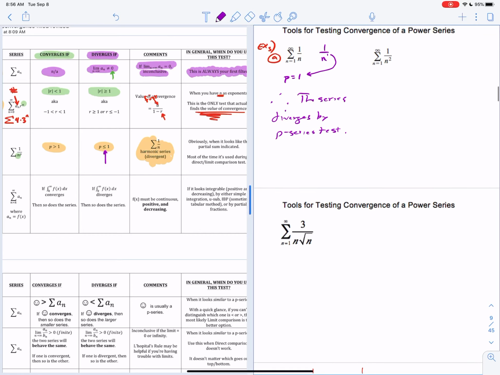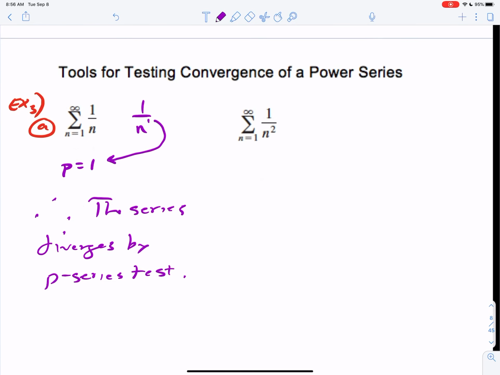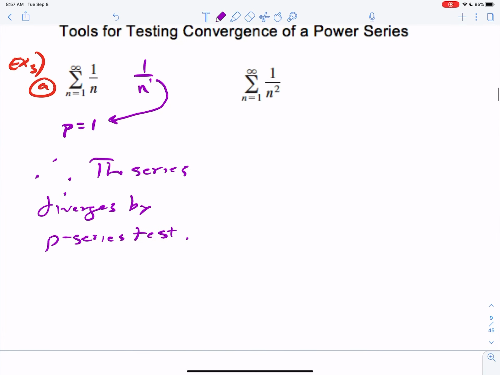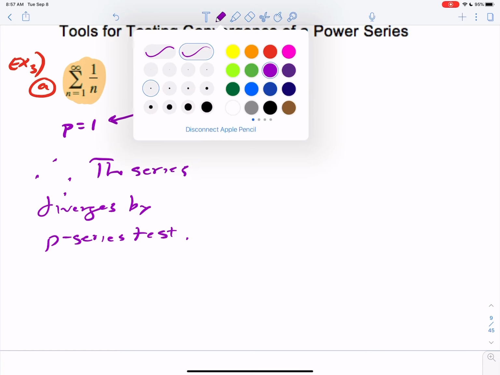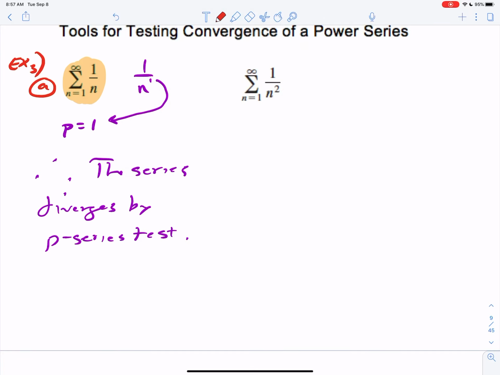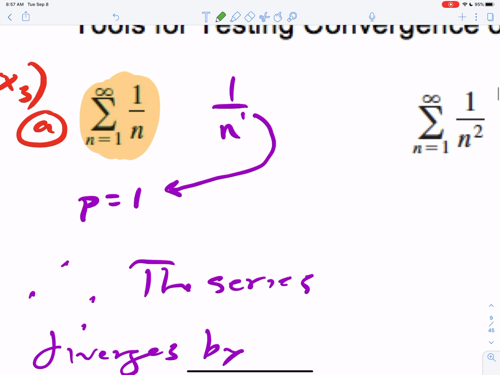Okay, now, this is a very common series, okay? You need to add this to your, what word am I looking for here? Not vocabulary, but I guess vocabulary. Okay, this is a very common series that's used.